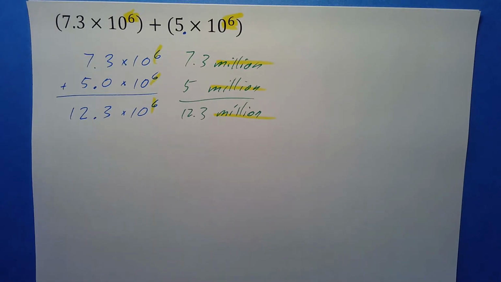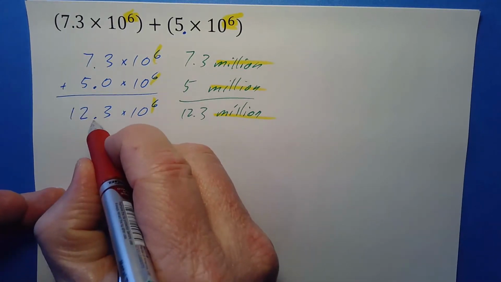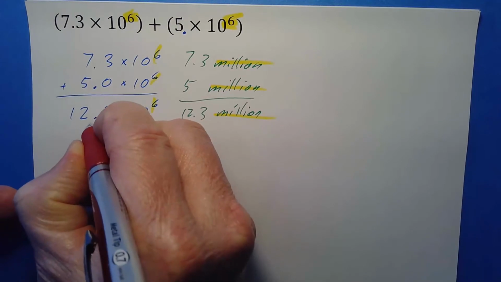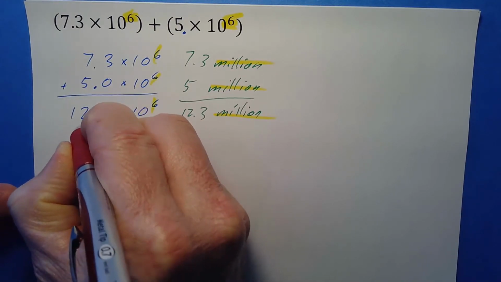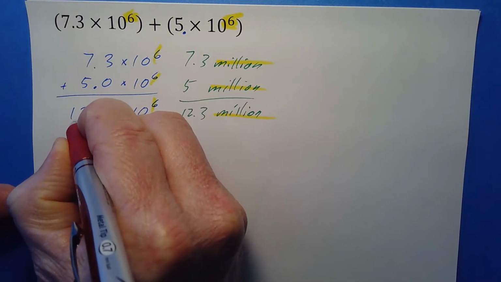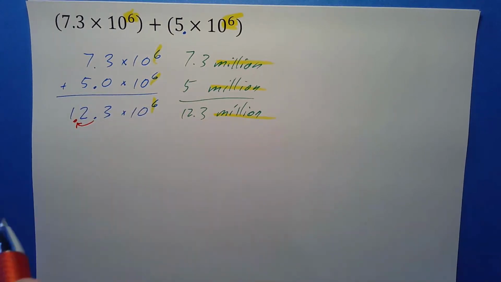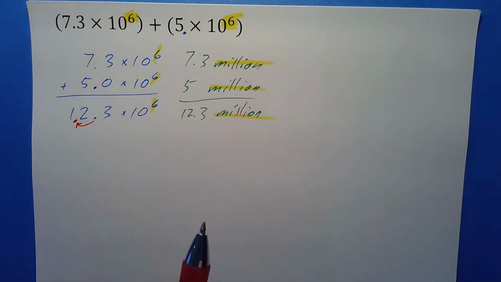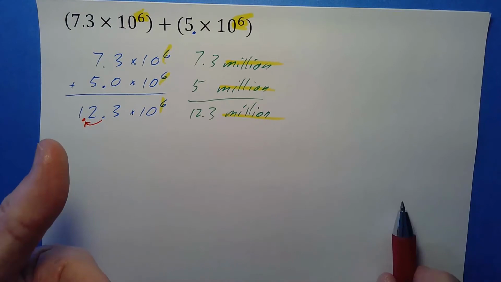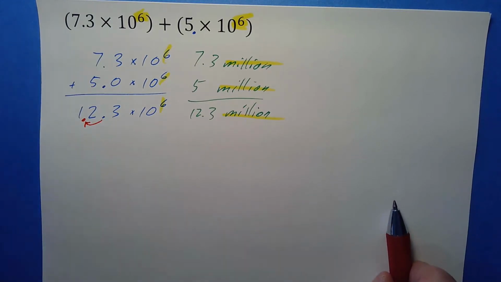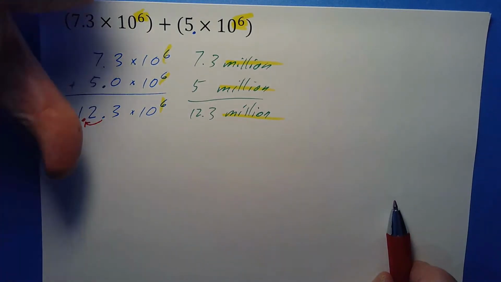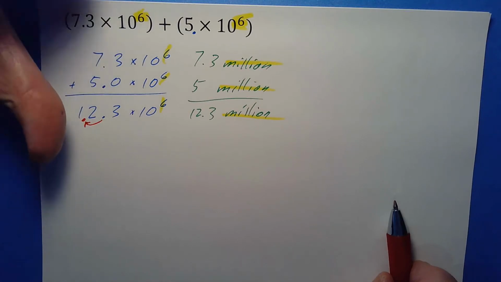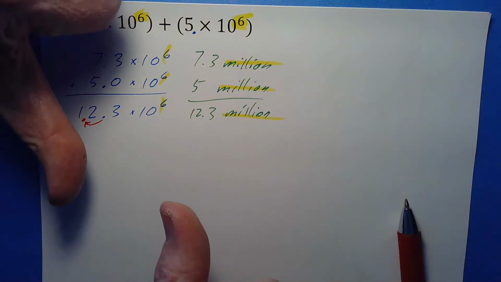Or another way of thinking of it, you cannot have this decimal point this far over. We really want this decimal point to be right there. So I'd like to be able to move that over. Now, if I do that, think about what just happened. It was 12.3, I made it smaller. Well, if that gets smaller, then this has to get bigger.